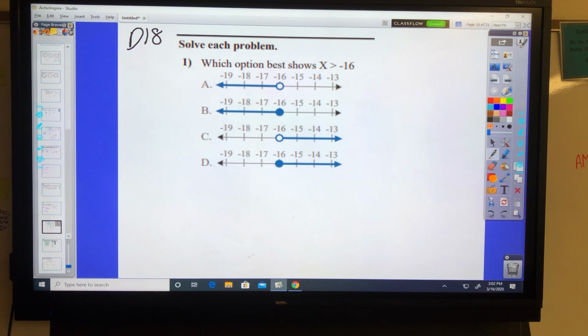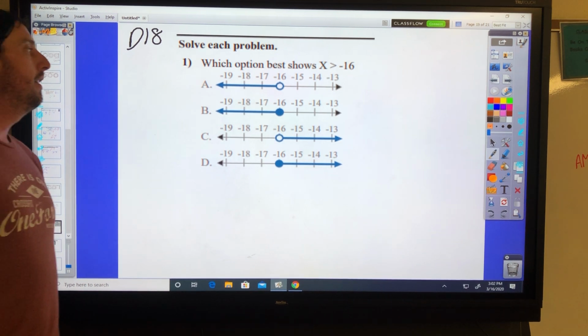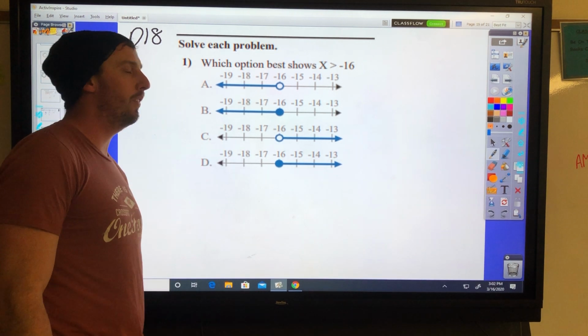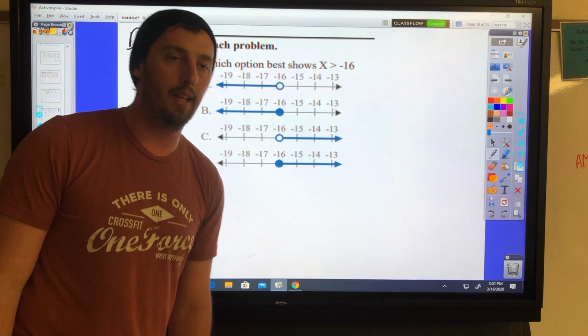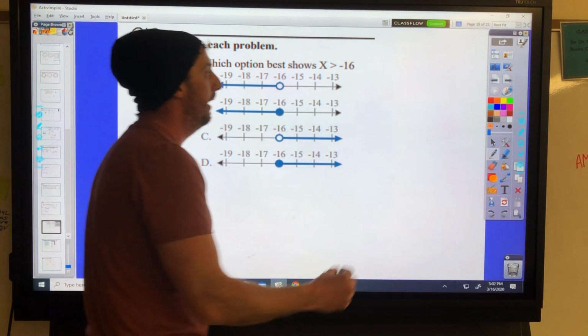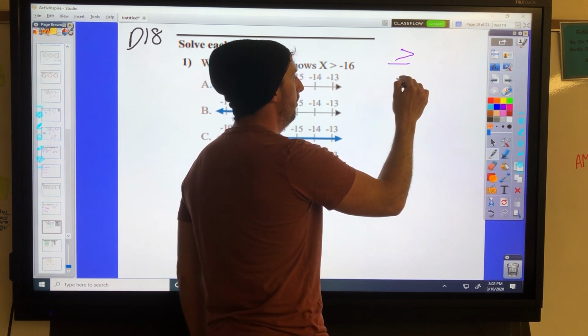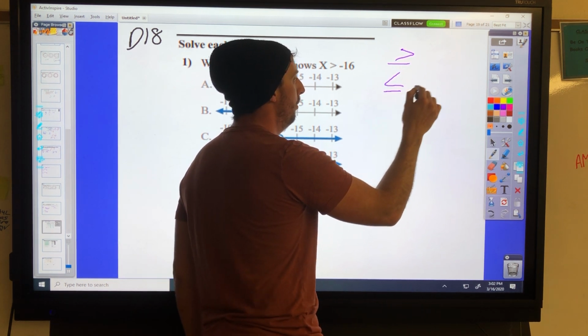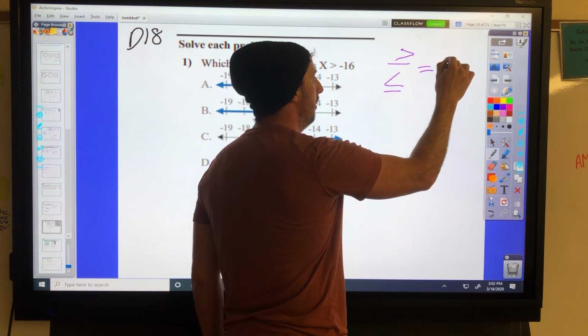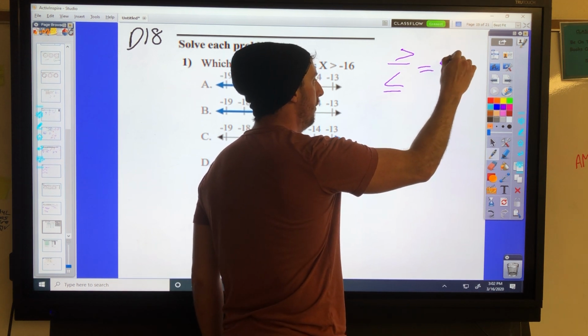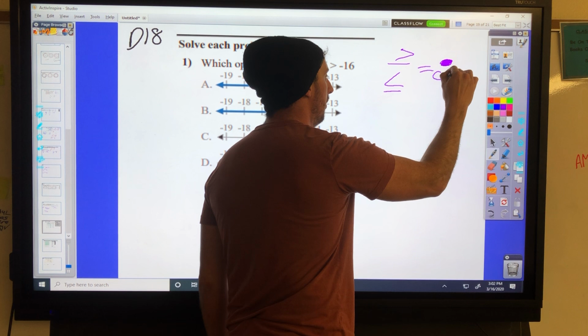Day 18. Solve each problem. Write the option that best shows x is greater than negative 16. So I know that, first of all, greater than or equal to or less than or equal to all have closed, which means darkened circles.